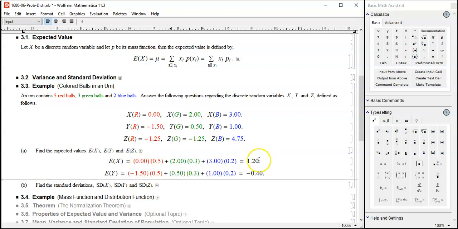And for example, in the first game, what if the price to play this game is $1.50? In that case, you're going to be losing 30 cents, right? Approximately speaking. And if you subtract 1.5 here, here, and here, and then run the computation, in the end you're going to get negative 0.30.